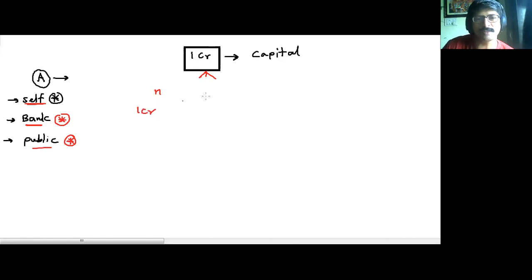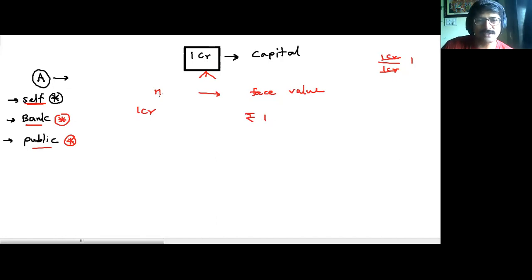Suppose अगर 1 crore parts में divide कर दिया, so what will be the value of each share, the value of one part? What will be the value of 1 crore divided by 1 crore? The value becomes 1. So the face value of each share becomes rupees 1.